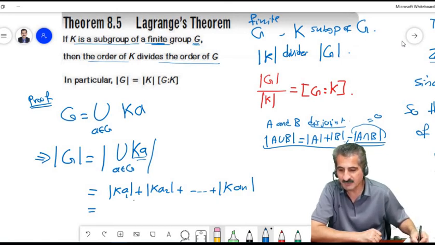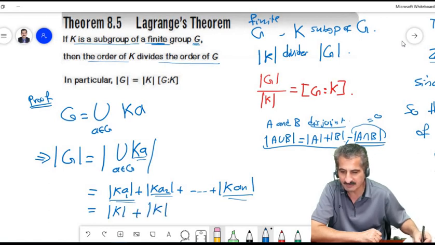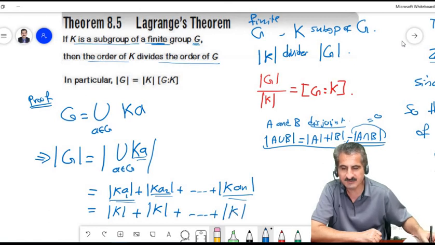But for each one of these cosets, we have just proved that the order of each one of them is the same as the order of K itself, right?